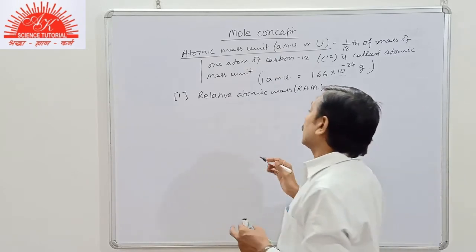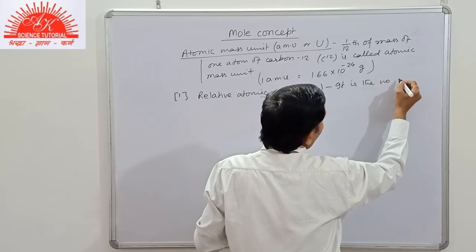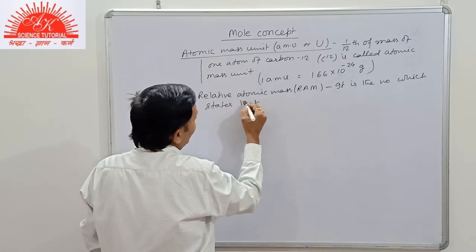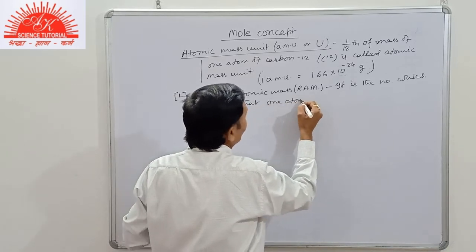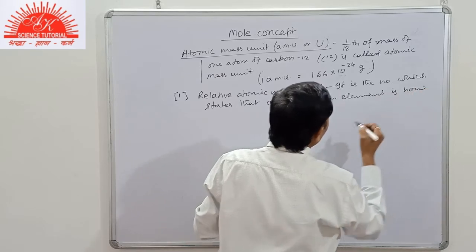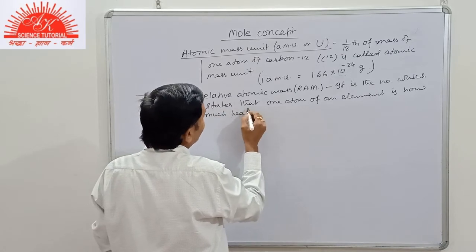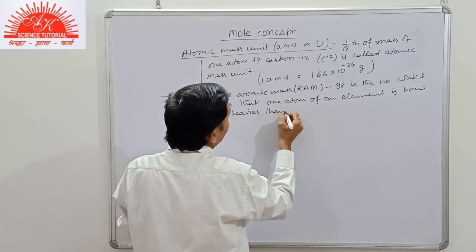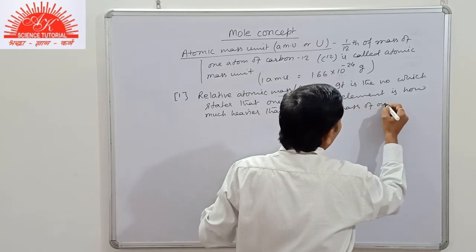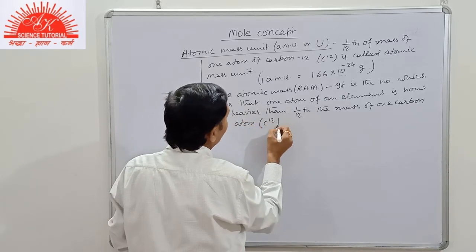Now, students, we see that as the name suggests, it is the number which states that one atom of an element is how many times heavier than 1/12th the mass of one carbon atom C12.